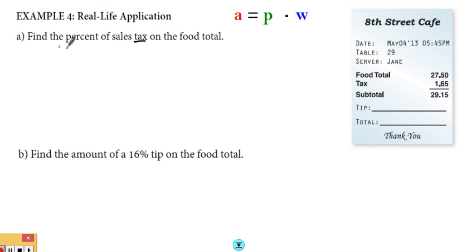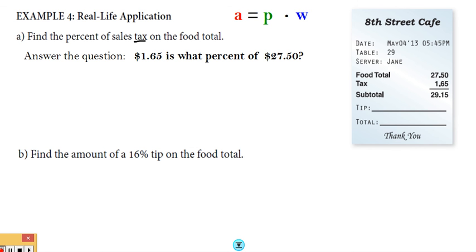So if I change this problem to a question, it will be: the tax price of $1.65 is what percent of $27.50? What percent of that total price is $1.65? That's basically what we're solving for.